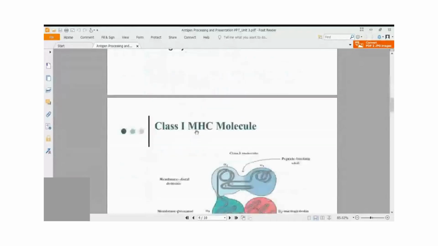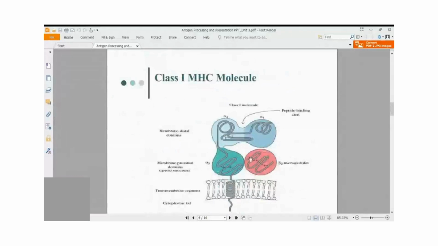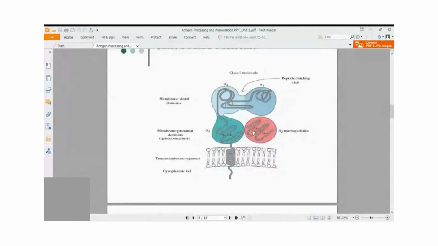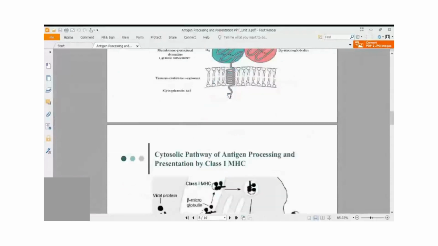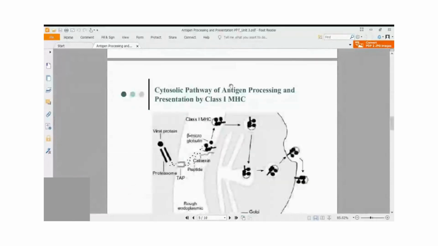Now let us see, we have seen the structure of class 1 MHC, and I hope you remember it has got an alpha chain made up of alpha 1, alpha 2, alpha 3 and beta 2 microglobulin, and the antigen is presented in this antigen groove made up of alpha 1 and alpha 2 domain. Okay, and that process of presentation of antigen on class 1 MHC is called the cytosolic pathway because it originates in the cytosol.